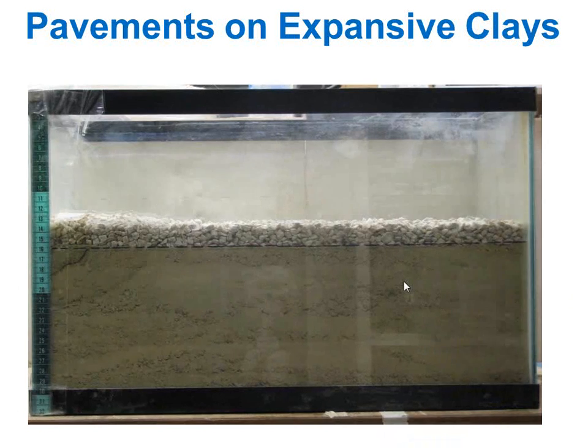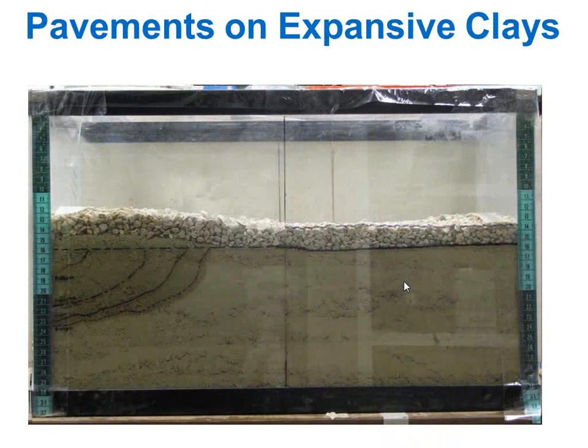And this is another cartoon version of what may happen if you have infiltration from the shoulder into a cross-section of expansive clays. 2011 was a record dry season. It's not that much of a problem during the wet season, you're flexing the pavement in the right direction. The main problem is during the dry season. That's when the longitudinal cracks will occur.